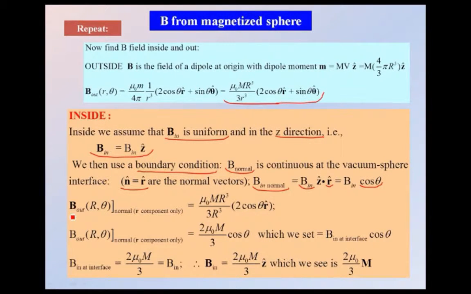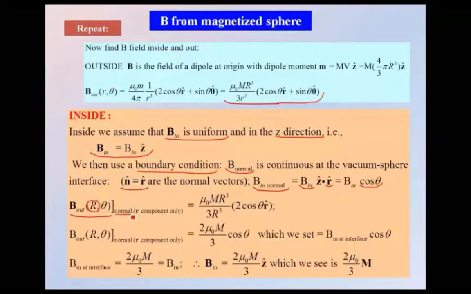B out has to be evaluated at the distance r. It's still a function of theta, and we're interested in the normal component because we're going to say that this will be equal to the normal component inside the sphere. And so that means that we're only going to have the r component in B out.